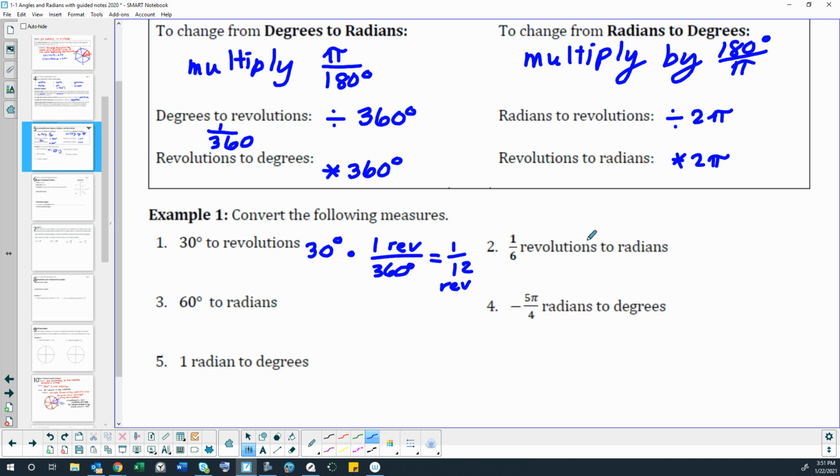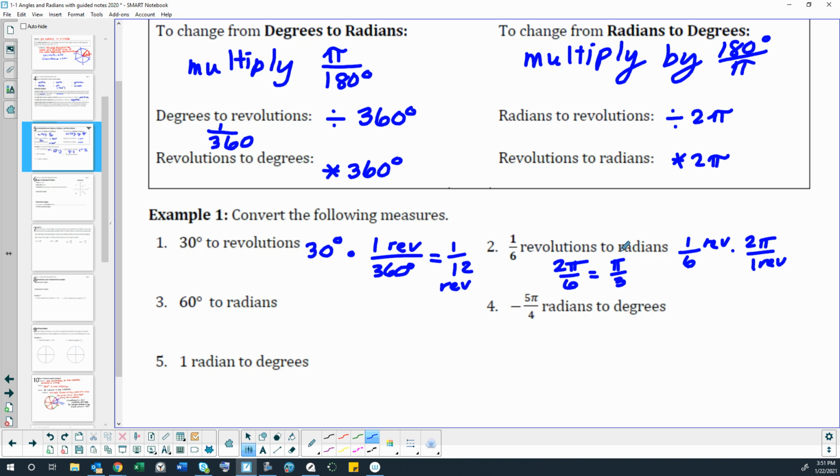Okay, 1/6 revolution to radians. We're changing to radians, we're multiplying by 2 pi. So 1/6 revolution times 2 pi radians, and that's in 1 revolution, right? That's why we're multiplying by 2 pi. So that gives us 2 pi over 6, which would be pi thirds radians.